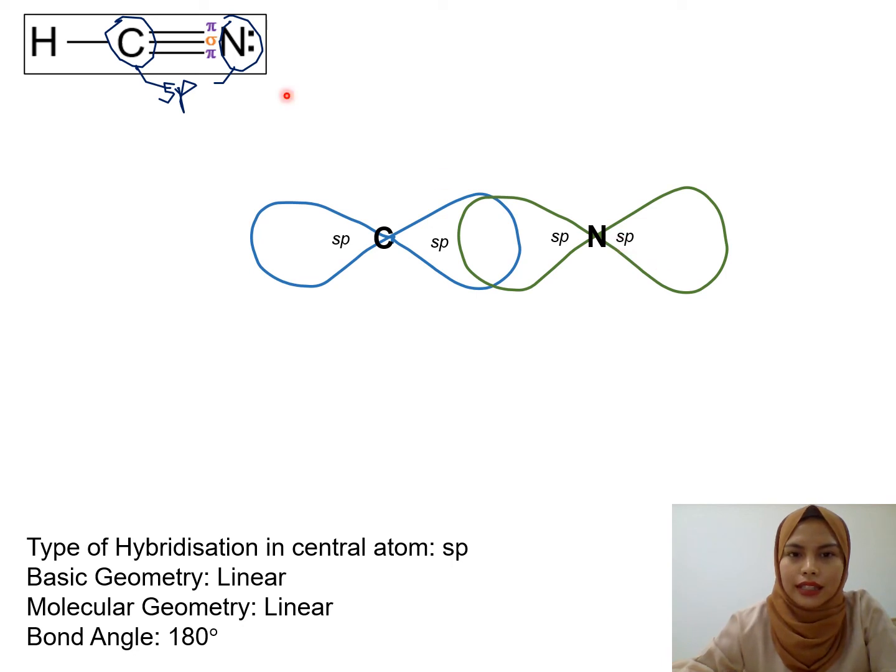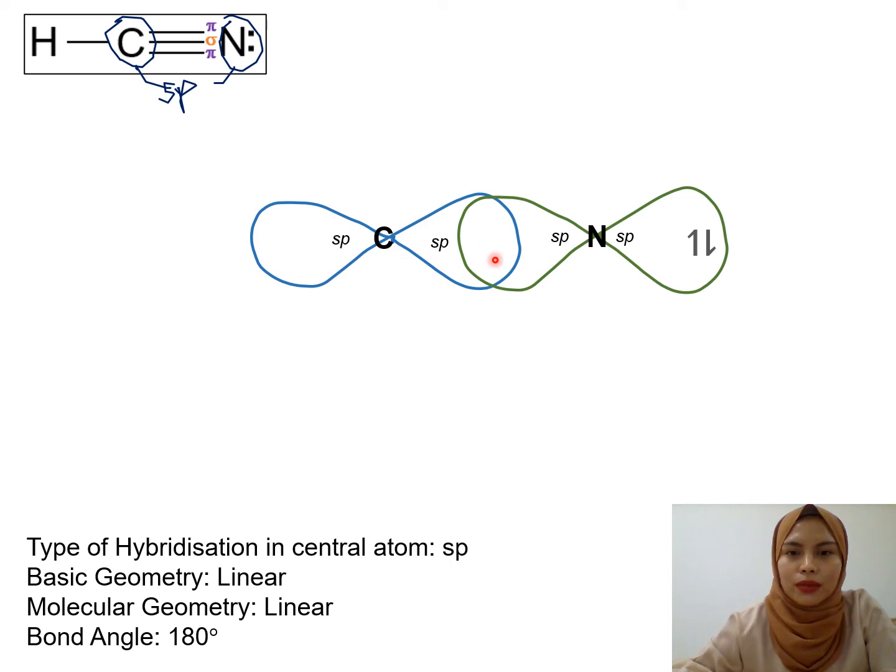And then since this nitrogen dia ada lone pair, therefore I tulis siap-siap pasangan elektron dekat one of the kelopak sp hybrid orbital untuk nitrogen atom. Manakala the other kelopak of sp hybrid orbital di nitrogen atom akan overlap end to end with another kelopak of sp hybrid orbital di carbon.